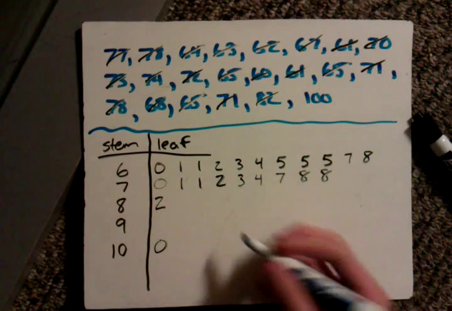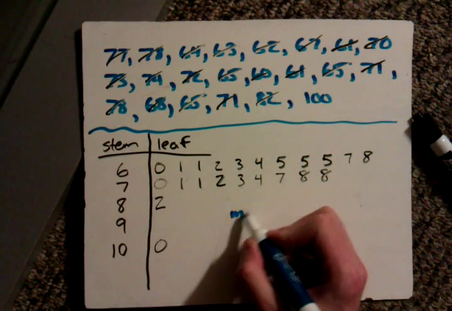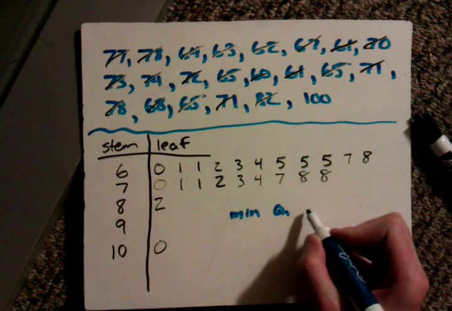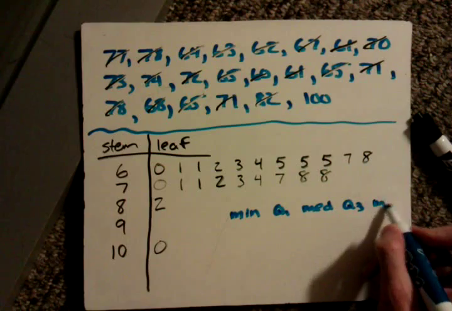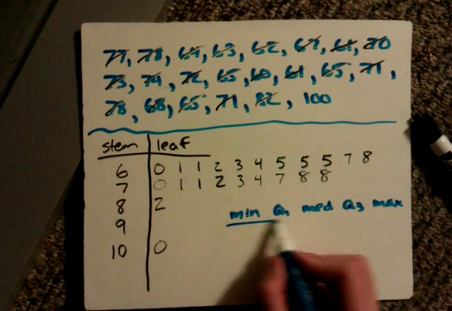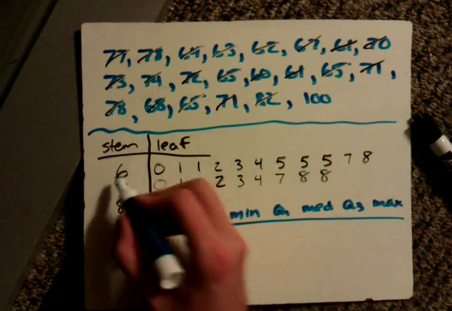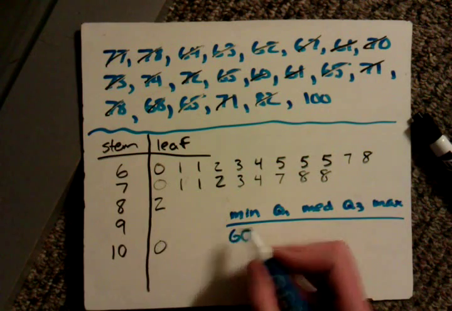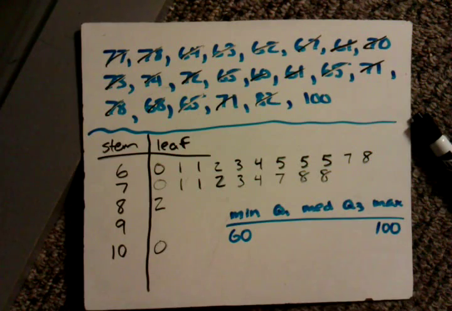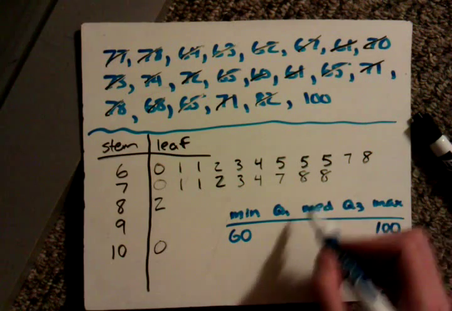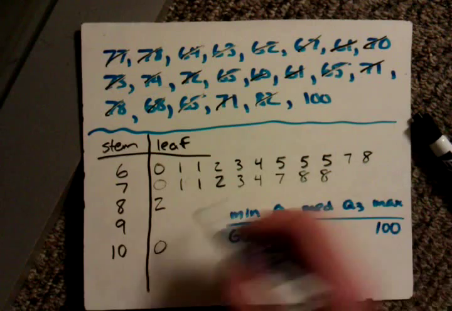The next thing you might want to do is try to find your 5-number summary. So your min, your Q1, your median, your Q3, and your max. Your min is pretty obvious, it's 60, the smallest number on here, and your max is 100. Then the next thing you probably want to find is your median. So where's it exactly in the middle?